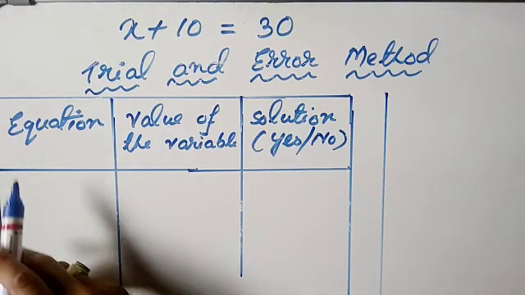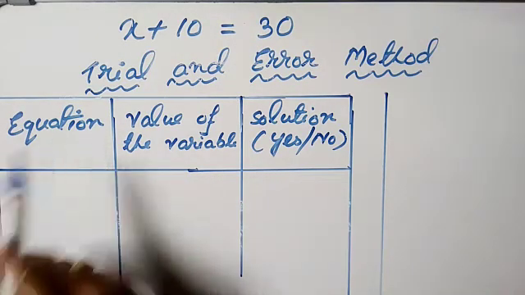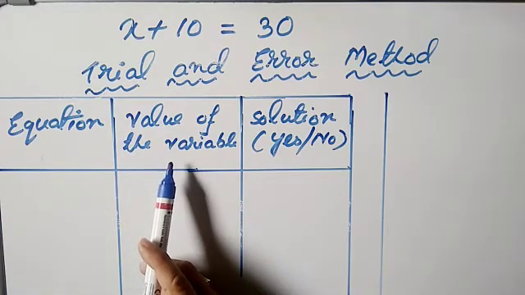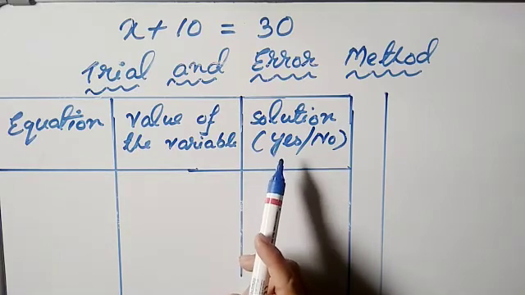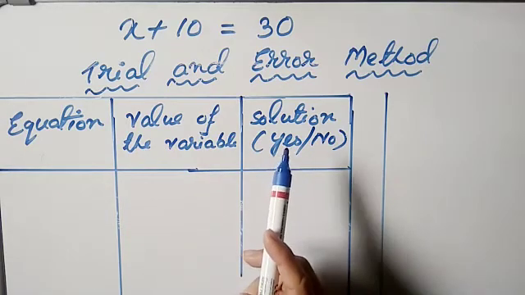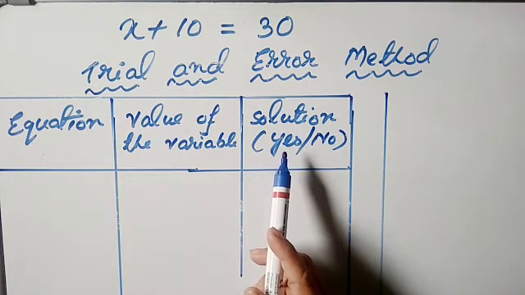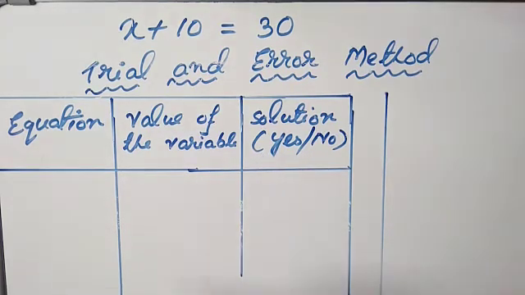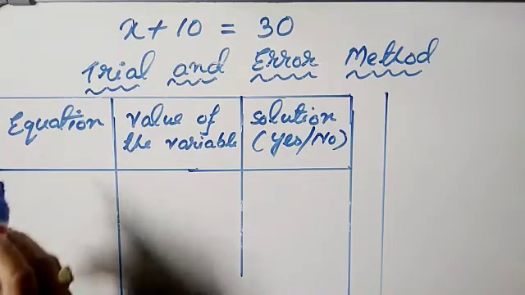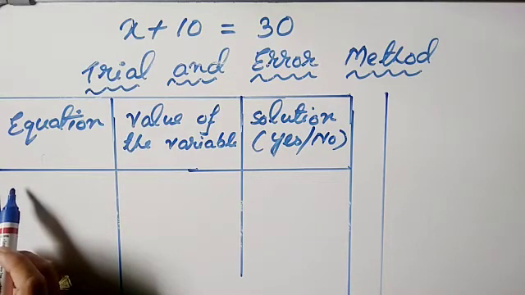The first column will be to write the equation. The next column will be to write the value of the variable. And the third column will be to indicate whether we get the solution of the equation or not.